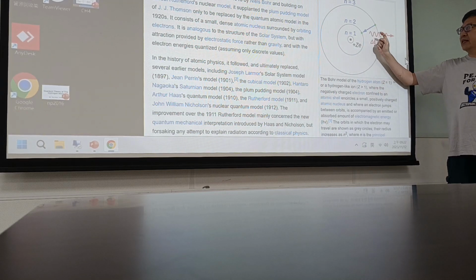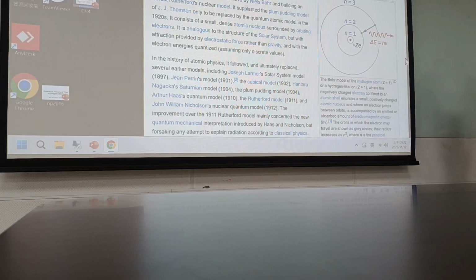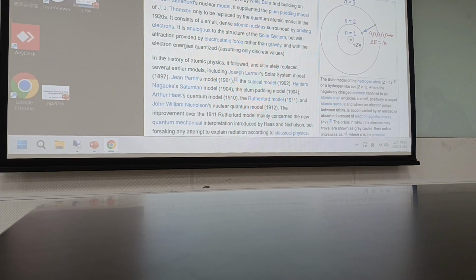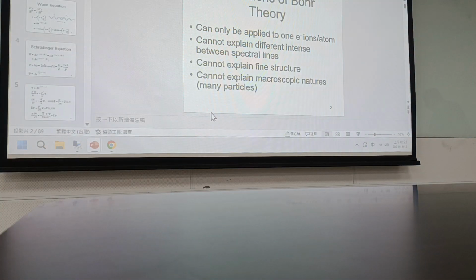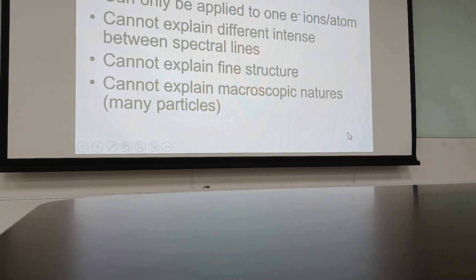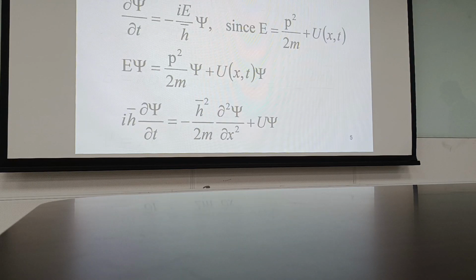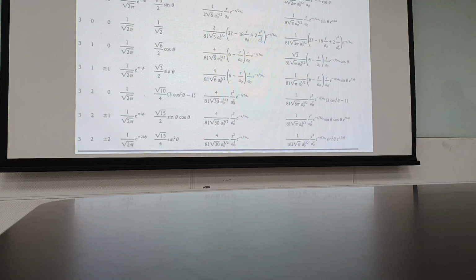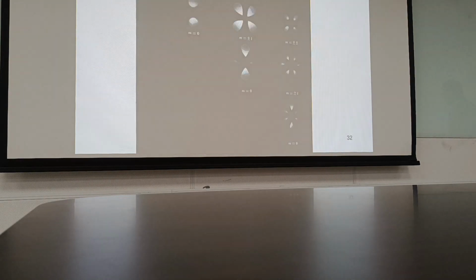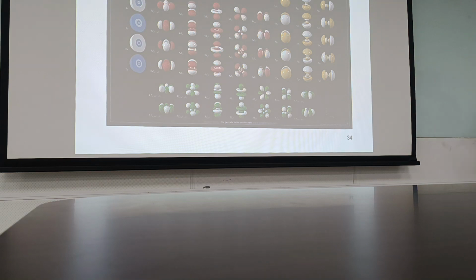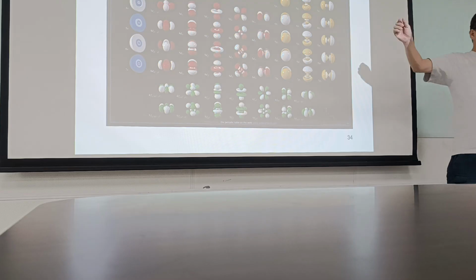But in fact, this may not be correct because of the limitations of the Bohr model. After we use the Schrödinger equation, we find that the electron is not in an orbit. The electron is somewhere here, somewhere here.